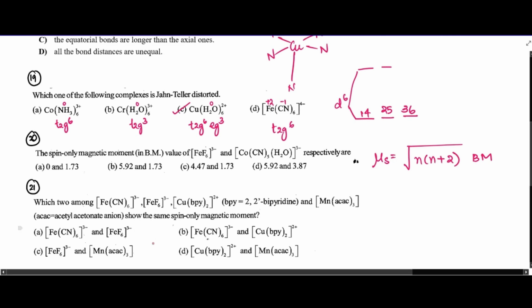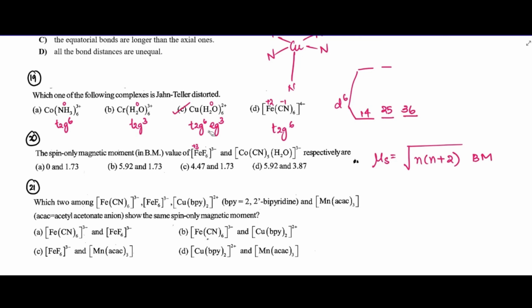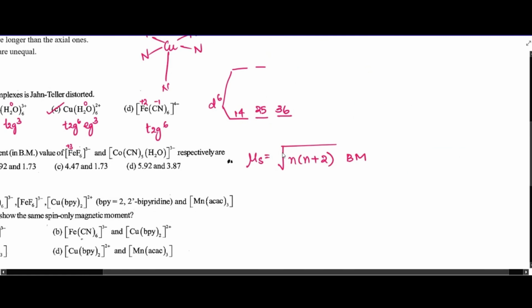So the first one, fluoride is -1. Iron is going to have +3 oxidation state. Fluoride is weak. Since fluoride is weak, it is going to have a weak separation.